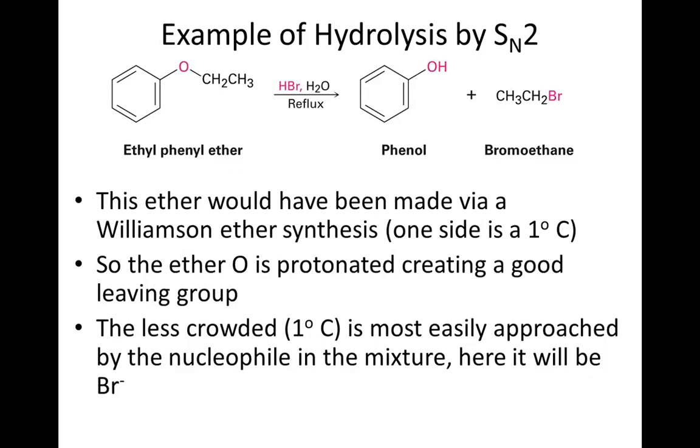So here's an example of a hydrolysis. Now it takes a really strong acid, so either HBr or even more often HI, which are both stronger than HCl, and reflux, which means boiling.